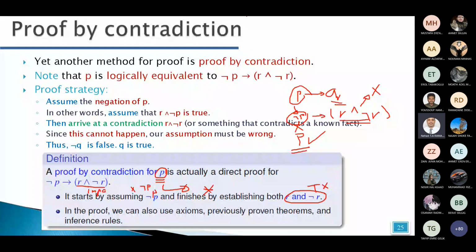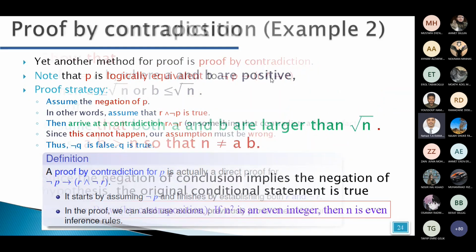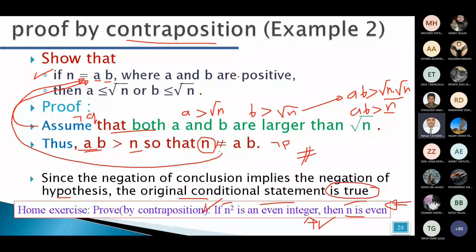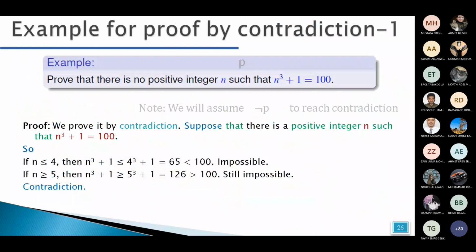Okay, so this is the difference. Contradiction, we start with the opposite of our assumption. Contraposition, we start with the opposite of our conclusion, not our assumption. This is the difference.